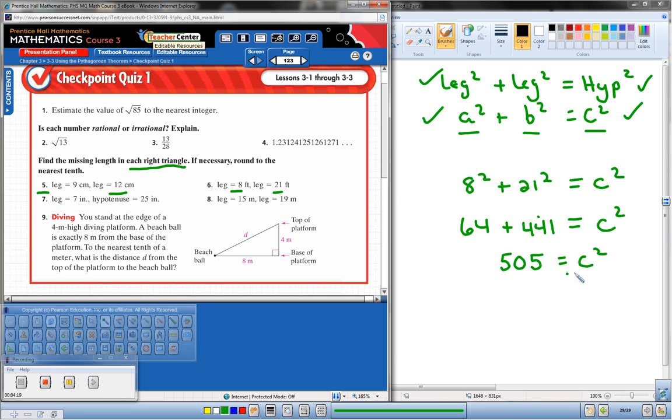And when I take the square root of both sides to solve for c, the square root of 505 is 22.4. Do we agree?